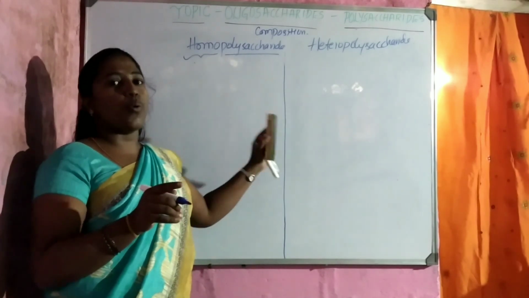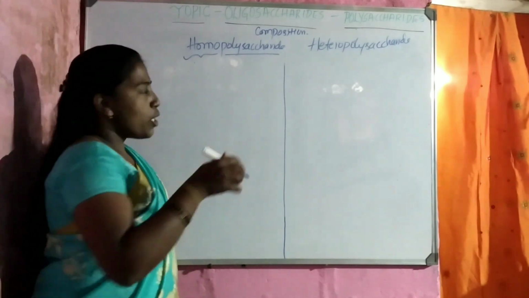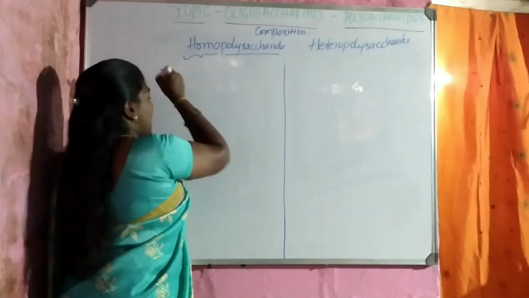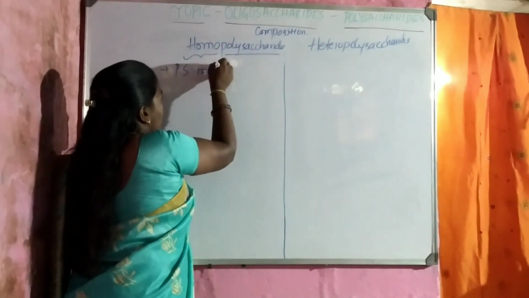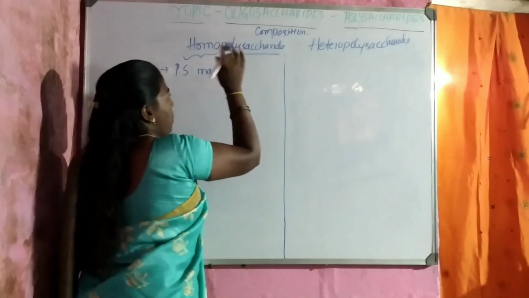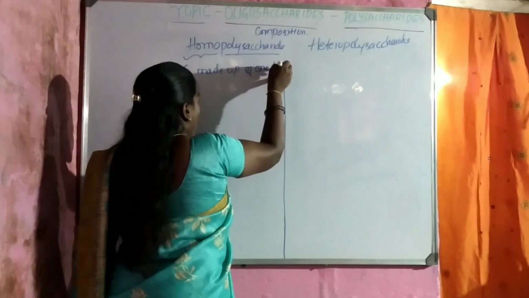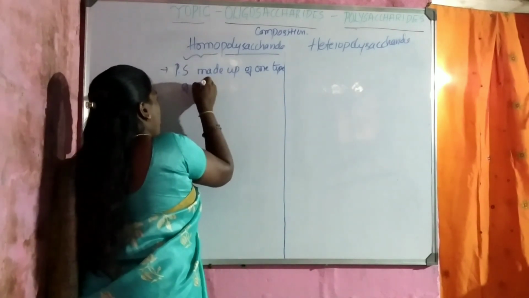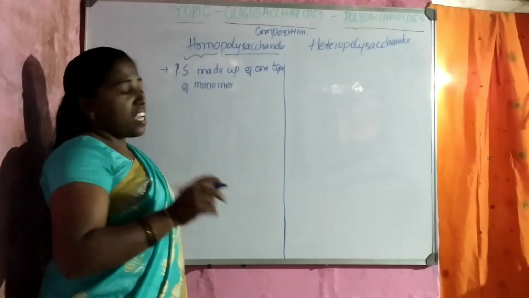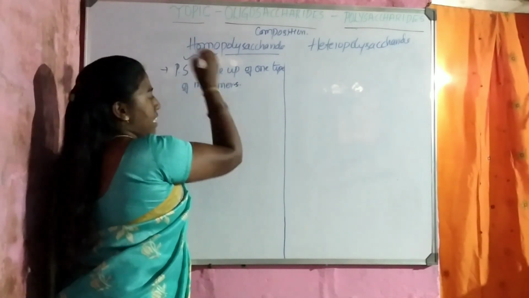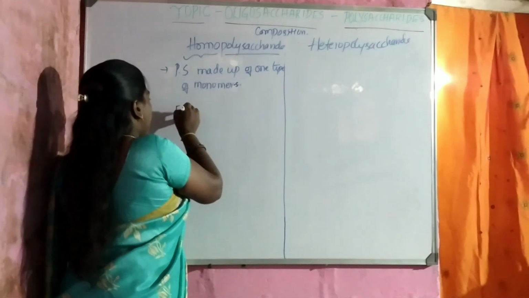Homo means similar, made up of one type of monomer, we will call it homopolysaccharides.